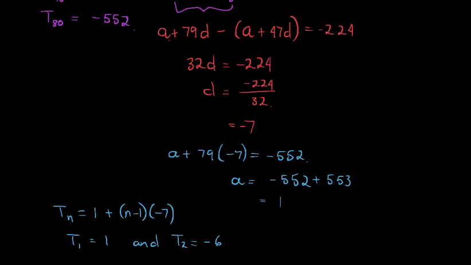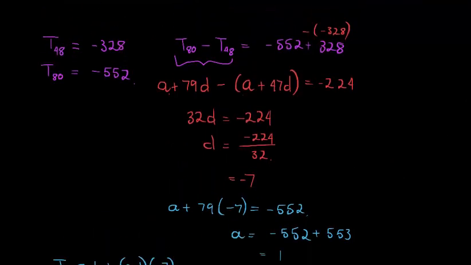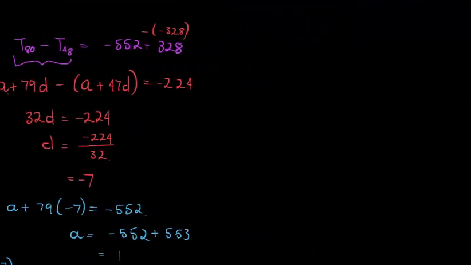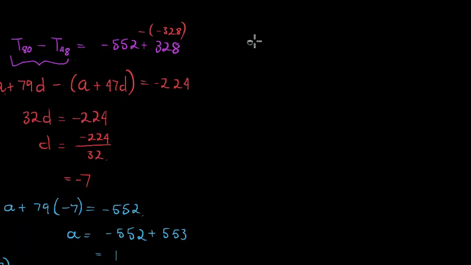Okay, I want to show you something cool here. Let's say they give me two terms, term n and term m. Two different terms, n and m. This one is A plus (n minus 1)d, and this one is A plus (m minus 1)d.